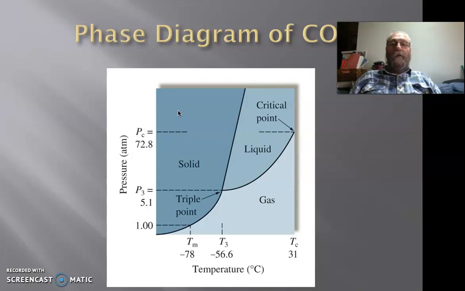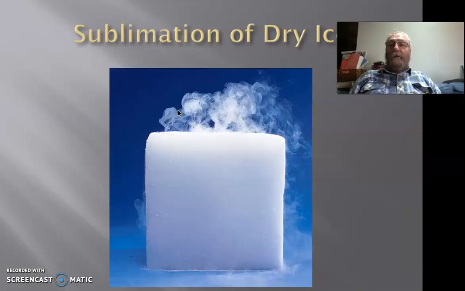But there is still a triple point where all three phases can occur. And you can see that there is a place at a low enough pressure where it can move directly from a solid to a gas. This is called sublimation, and here is a piece of dry ice which is subliming.